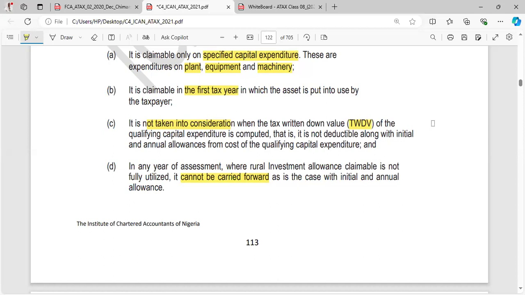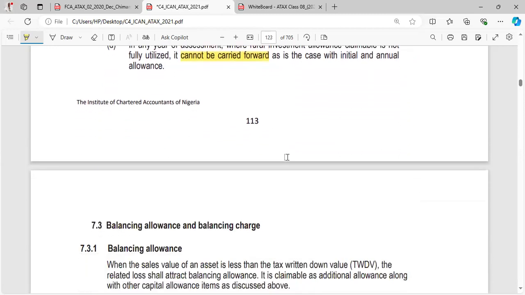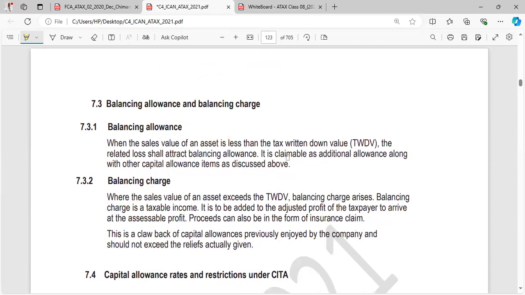What it means is that if you do not make enough assessable profit to claim this rural allowance, you cannot carry it. That's so serious. So if you have to do this, you need to do it where you know you make profit.